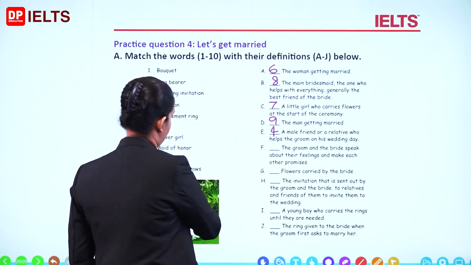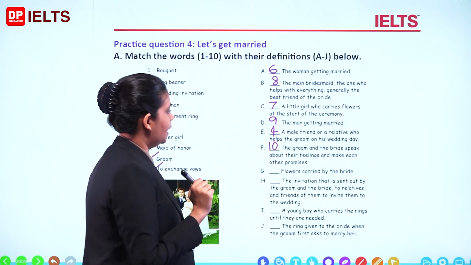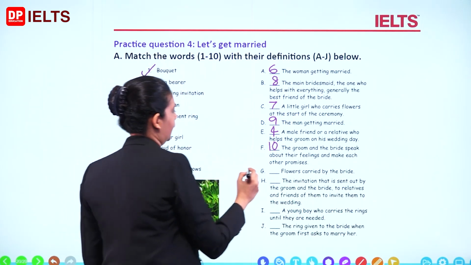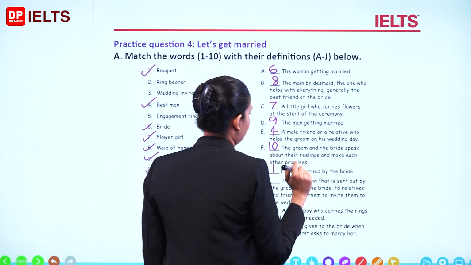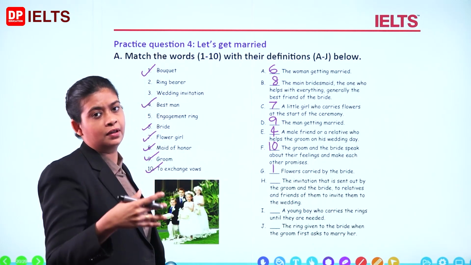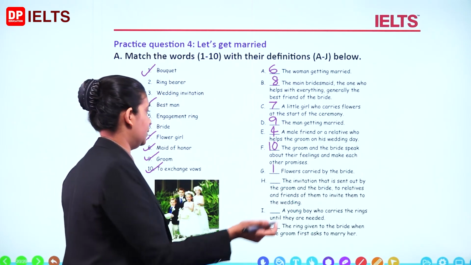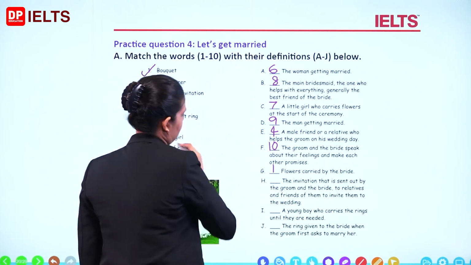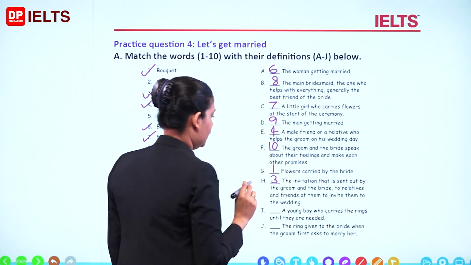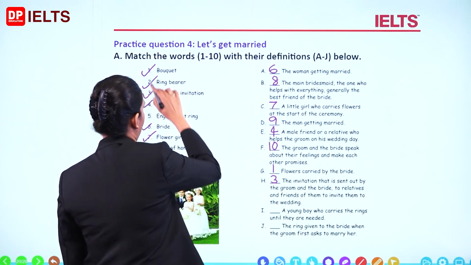So that is number 10. Flowers carried by the bride. Mal kalamba, bouquet of flowers. The invitation, apita mema mangal utsaveta sahabagi wenna kiyala yavana ek invitation ekata api kiyenawa wedding invitation. That is number 3. A young boy who carries the rings until they are needed, ring bearer.